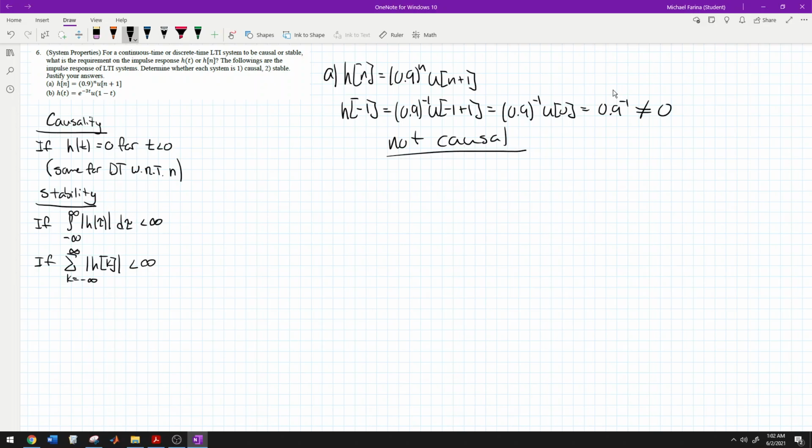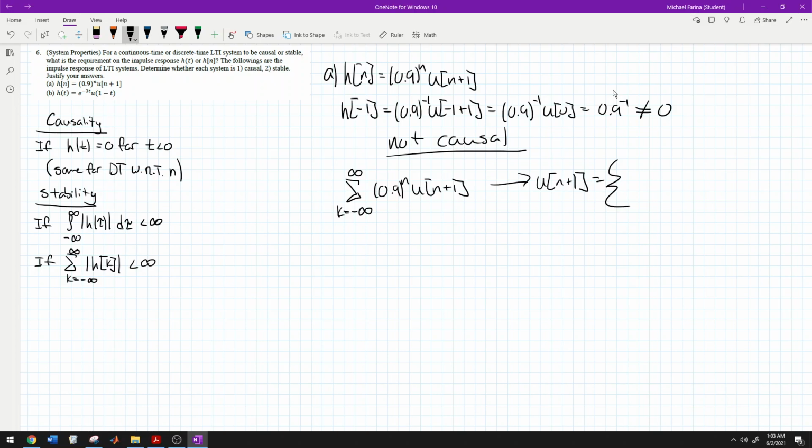Now for the stability, we have to do the sum over all k, from negative infinity to infinity, of 0.9^n u[n+1]. It's always helpful to go over some stuff, so let's take a look at this unit step real quick.